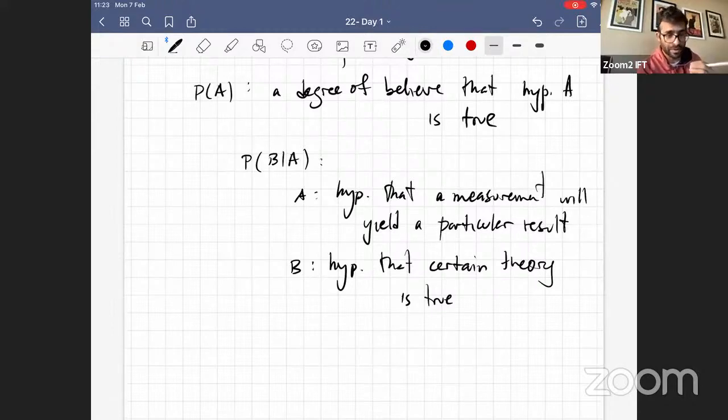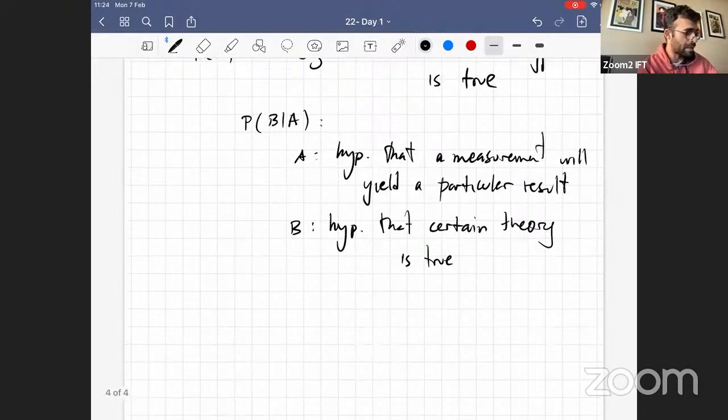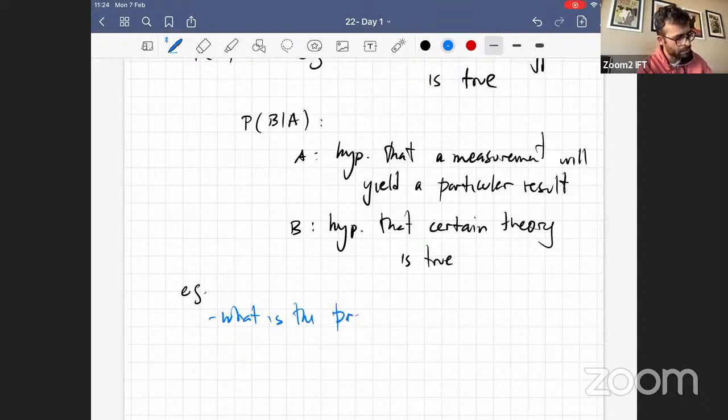And then depending on the question, formally speaking, people do variations of that. But formally speaking, there are questions that you can immediately associate to one approach or the other. For example, if I tell you, what is the probability that an experiment will yield some result?